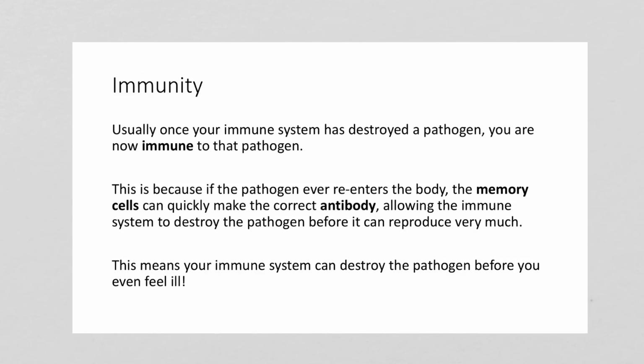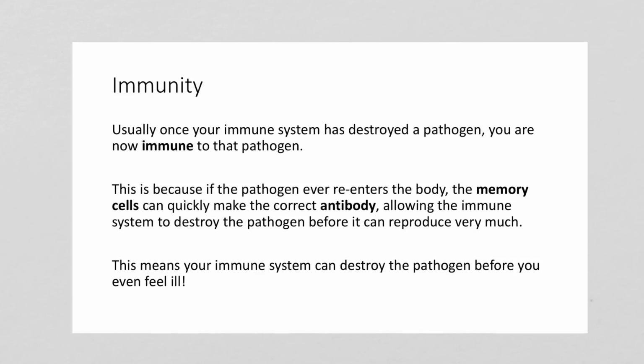So when we talk about immunity, we're talking about the memory cells, okay? If the pathogen ever comes back into the body, as we said, the memory cell remembers how to make the antibody. You don't have that lag, that time delay where the immune system's trying to figure out how to make the correct antibody. It just starts getting made right away, clumps up all the pathogens, and then the phagocytes can come along and engulf and destroy them.